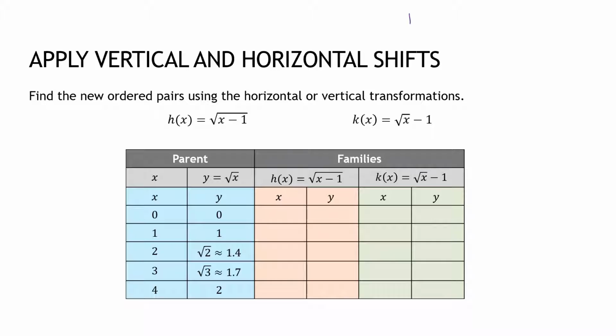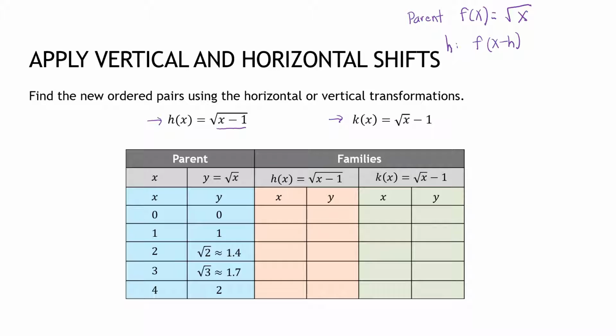My parent function is f of x equals the square root of x. Now what I can see is I have two transformations of that function, and I've so nicely named them h and k to help you remember which one I changed in which place. Before, we talked about h being f of x minus h. So notice inside the radical I have x minus 1.